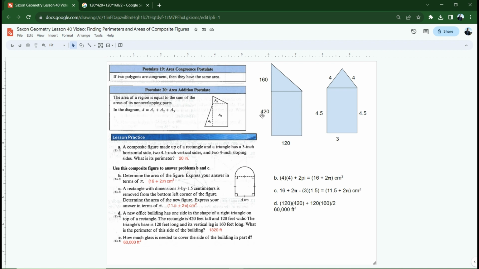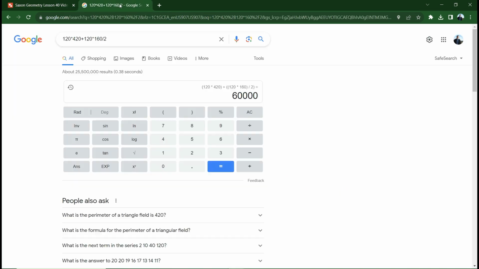Well, this one's not too hard to figure out. The perimeter is going to be all of the different sides added together. The only part that's a little bit hard is that I have this right triangle on the top. But that's not too bad because I can just use the Pythagorean theorem: 120 squared plus 160 squared, and take the square root of it. Let's do that.